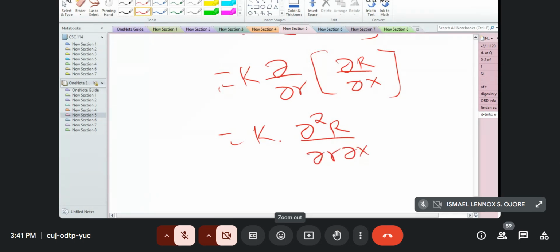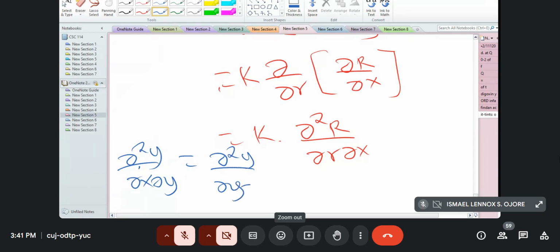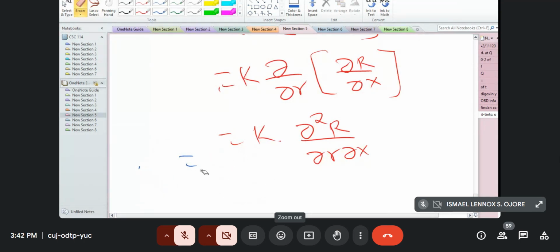But when evaluating partial derivatives, at least for up to order 2, the order doesn't matter. If I have partial squared y, partial x, partial y, and I say this is partial squared y, partial y, partial x, it means the same thing, right? Order doesn't matter. So if I rewrite these as partial squared R, partial x, partial r, then it means the same thing.